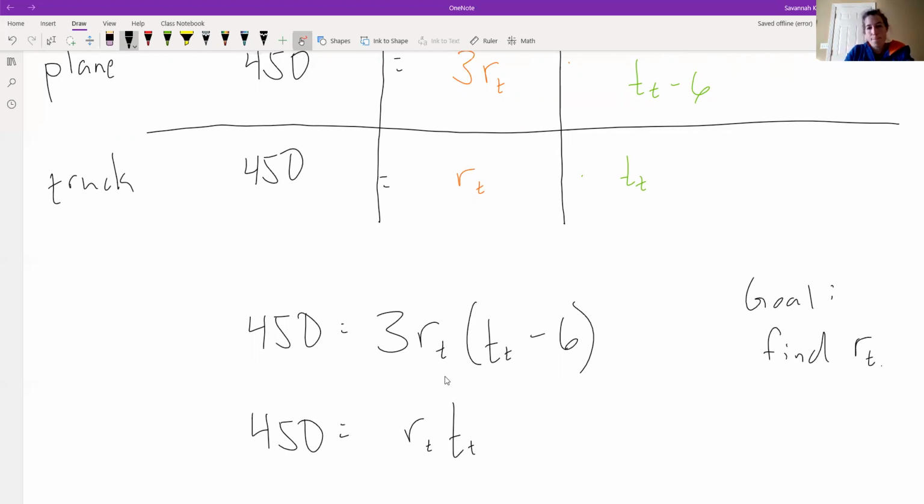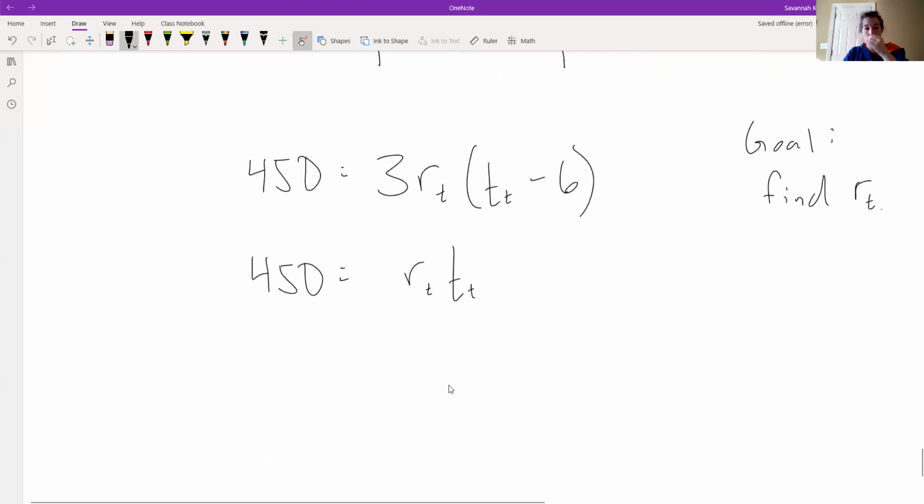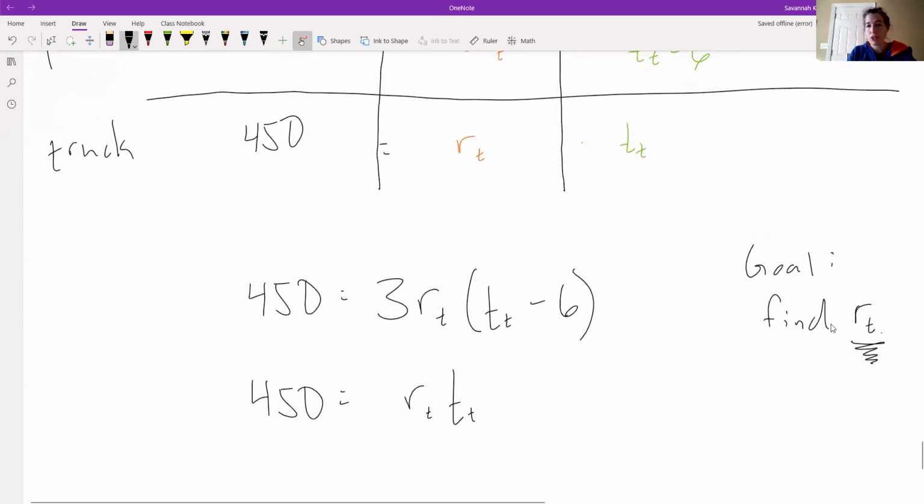So my options here, it's actually easier for me to go about this in a little bit of a roundabout way. And I'm trying to decide, is that going to totally throw everybody off? And I think it will. So if my goal is to find RT, what I'm going to do in each equation is isolate RT in each equation.